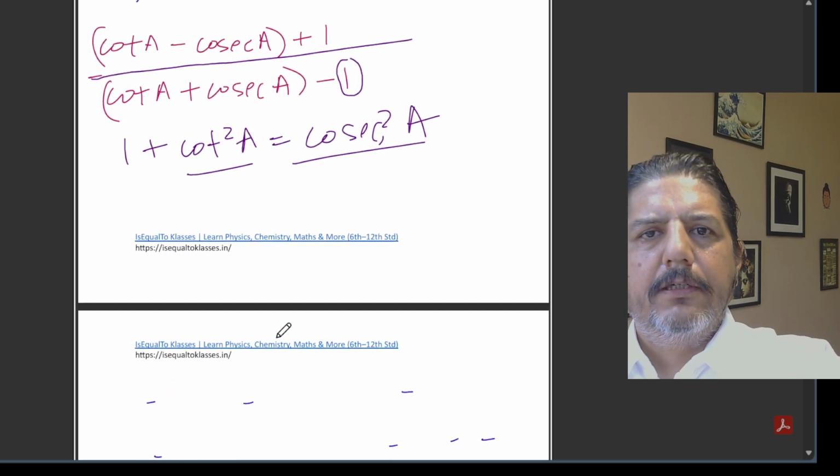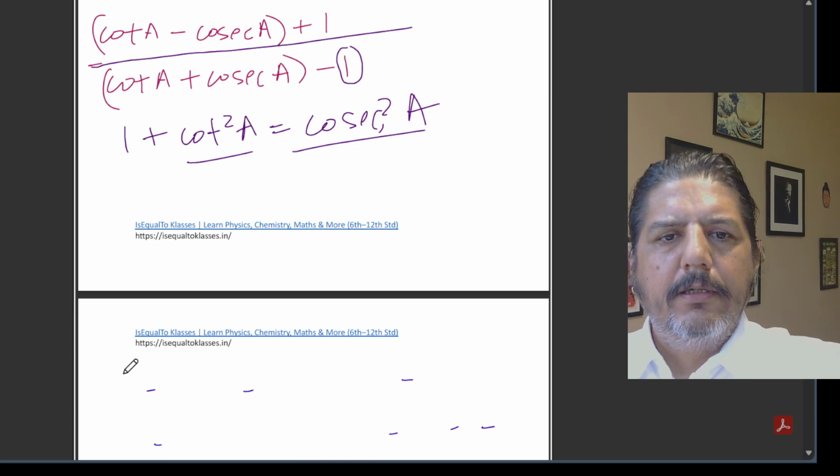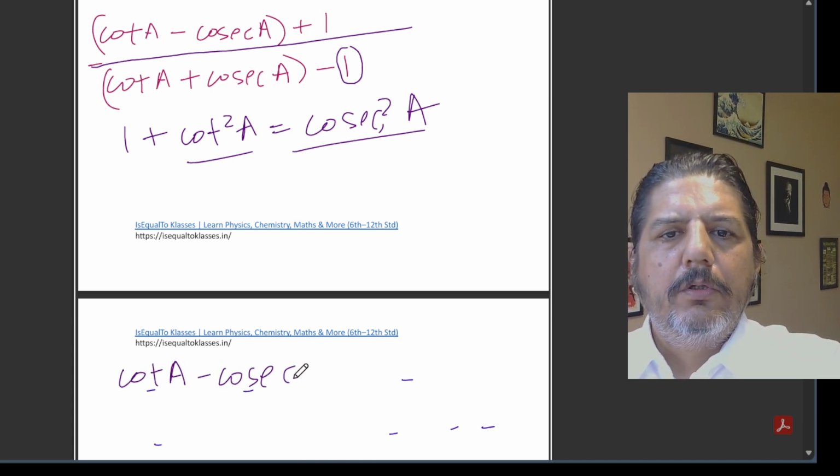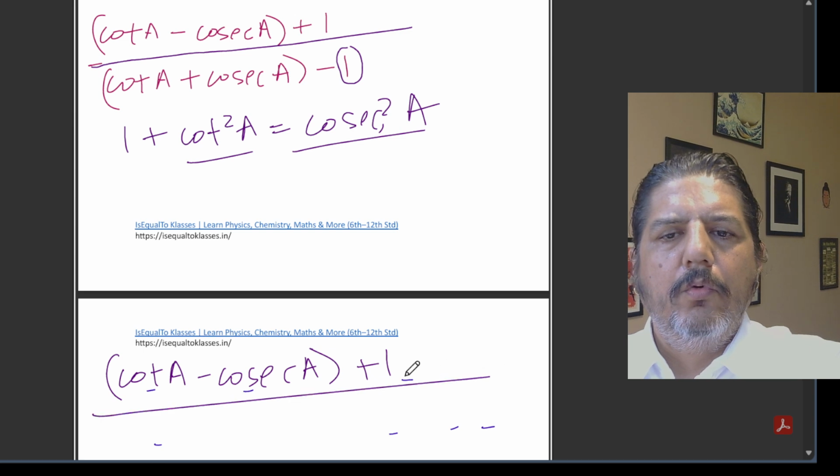You'll understand in a while. So the numerator remains the same: cot A minus cosec A plus 1, whole upon cot A plus cosec A.